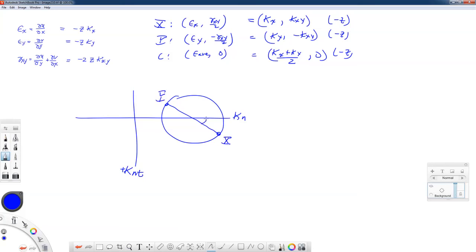We could define principal directions for our curvature. So you can take a plate that has arbitrary curvatures kappa x, kappa y, kappa xy, and you can find principal directions of curvature. You can find an angle to a principal direction of curvature.